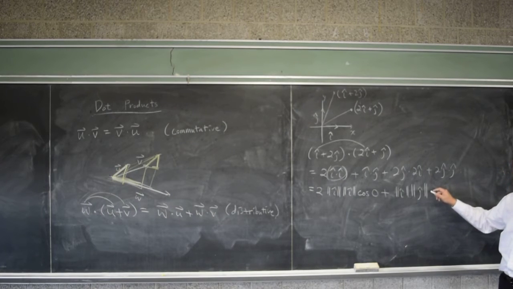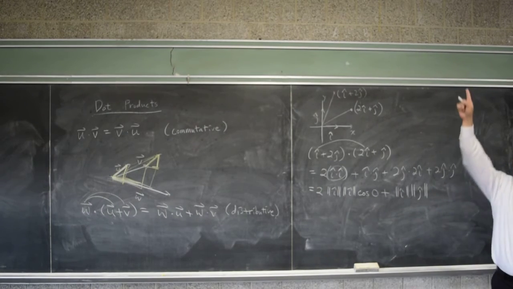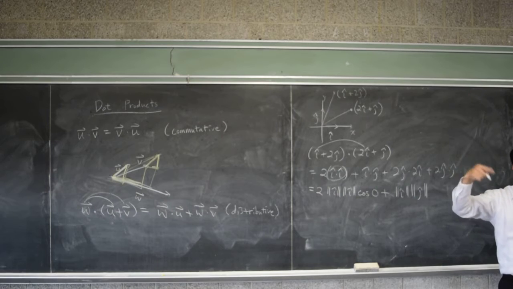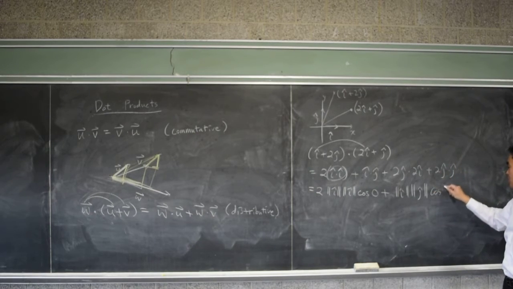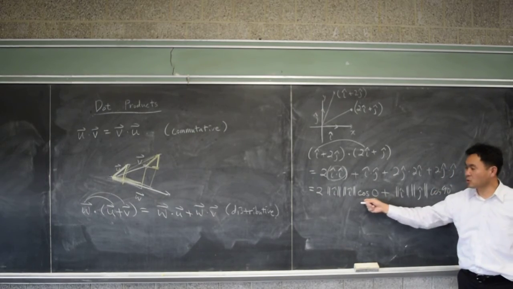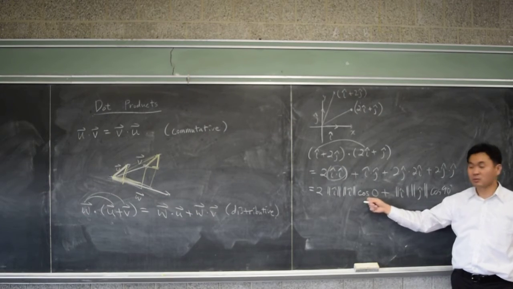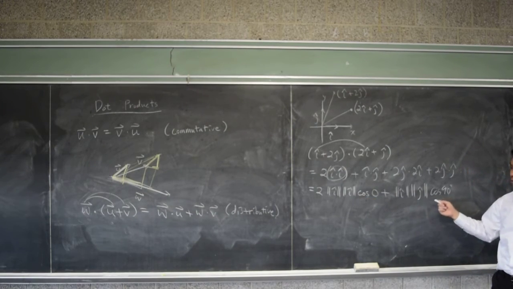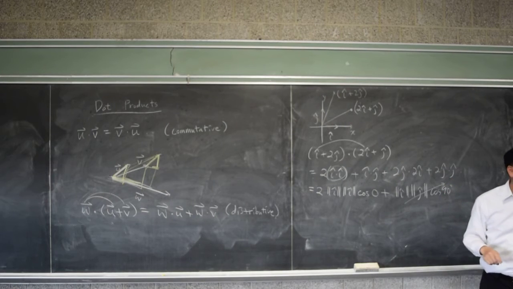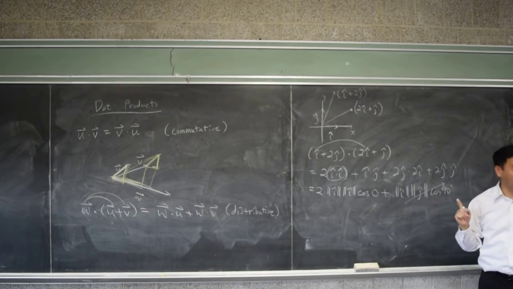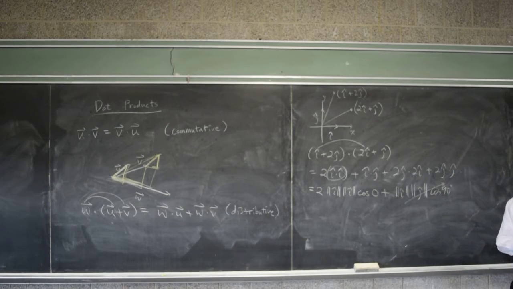What's the angle between i and j? j is going up, i is going here, so cosine 90 degrees. Do you know what cosine 0 is? Cosine 90 is? Oh, so this is 0. In fact, the very formula that we're writing down immediately says that if two vectors are at 90 degrees, the dot product is 0. Any orthogonal vectors give 0.